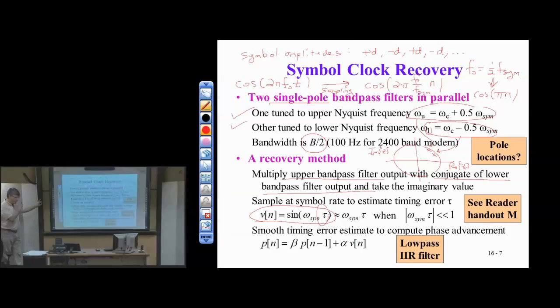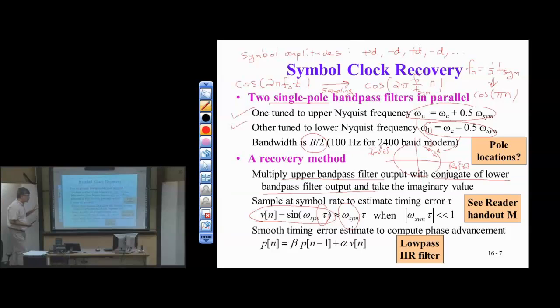Using a small angle approximation, the sine of its argument is approximately equal to its argument when that argument is close to 0. Now I have to divide by omega sym, the symbol rate that I'm using, to unlock the symbol timing error tau.